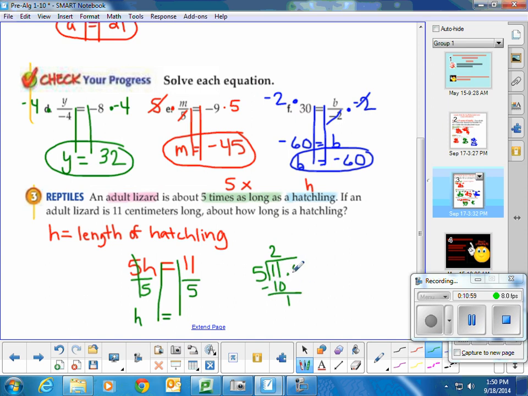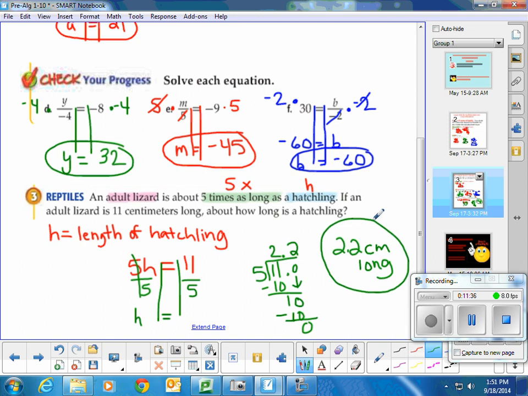Add a decimal point and a 0. 5 goes into 10 2 times. 2 times 5 is 10. And we have a remainder of 0, so we can go ahead and stop. It is 2.2, or 2 2/10 centimeters long. So the hatchling should be 2 2/10 centimeters long.